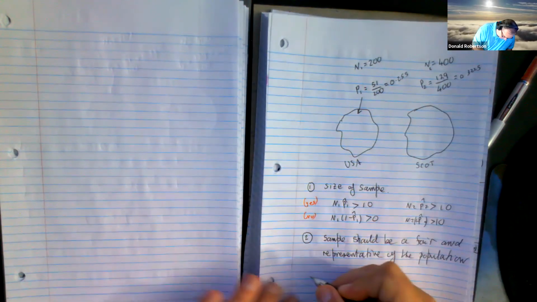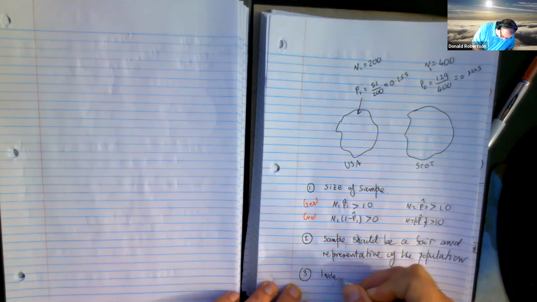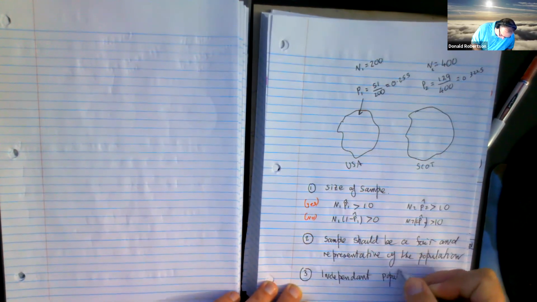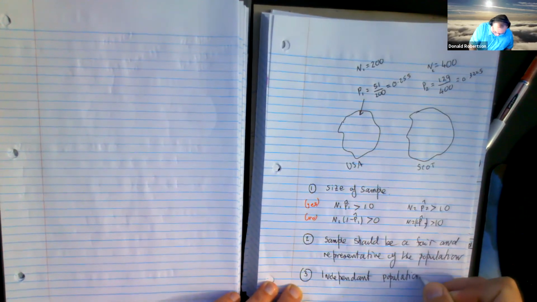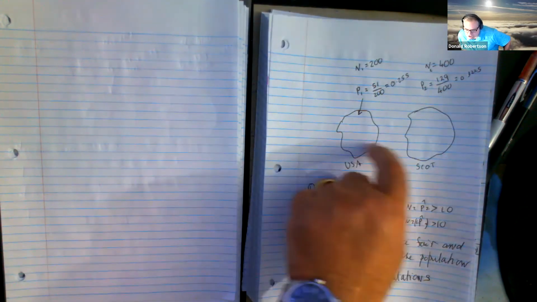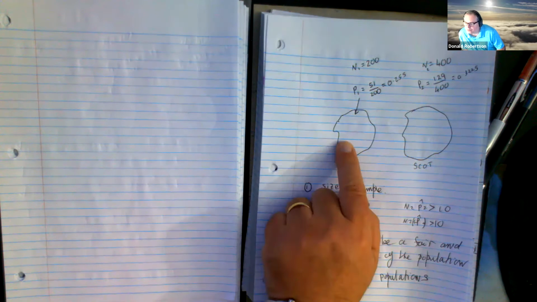And the third one is independent populations. The two groups have to share nothing in common. They have to be quite independent of each other. Suppose I collected data on husbands and wives, and I made P1 the husbands and P2 the wives.